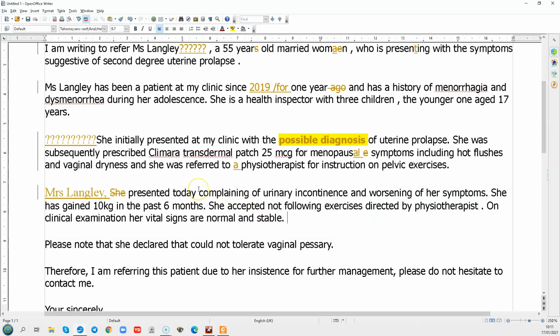So she presented with incontinence, worsening symptoms. Are these supposed to be the symptoms that you mentioned here? Hot flushes, vaginal dryness. But that's not the same thing as a uterine prolapse, though, is it? I'm not an expert here, but I thought that was something else. So we've got uterine prolapse.